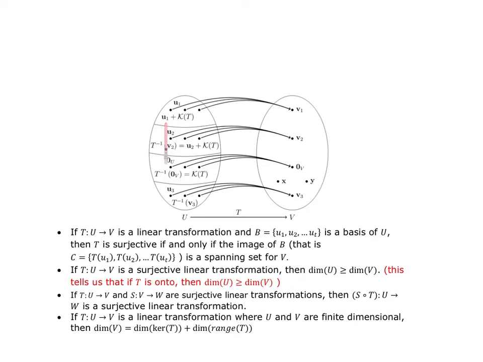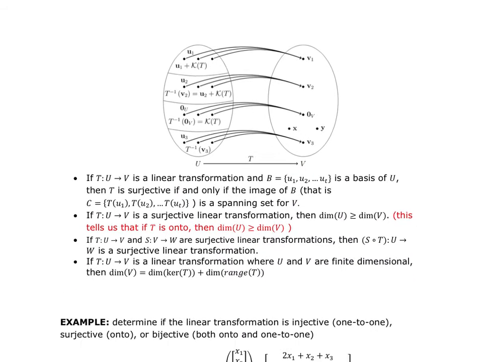If we have U plus my kernel of T, it can be mapped to V, and I have the pre-image of V2, which is going to be U2 plus the kernel of T, mapped to V2. And of course, my 0 vector, which is equal to the kernel of T, is going to be mapped to the 0 vector here. And then I also have the pre-image of V3, which is U3, going to V3.